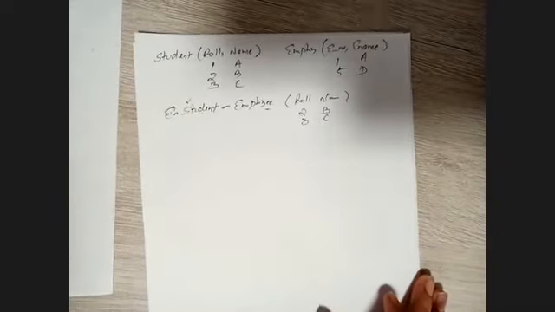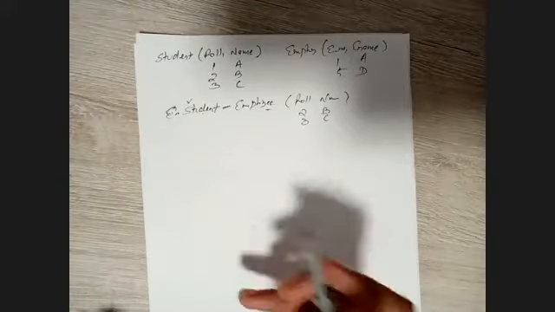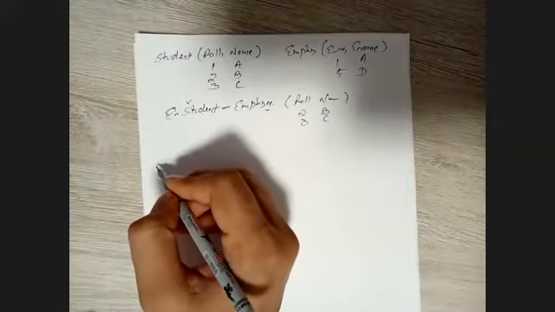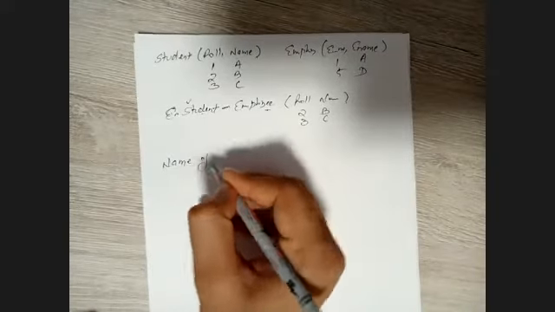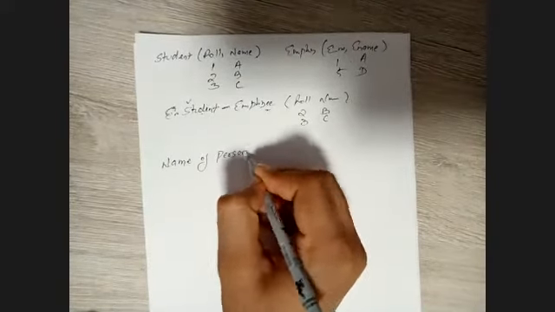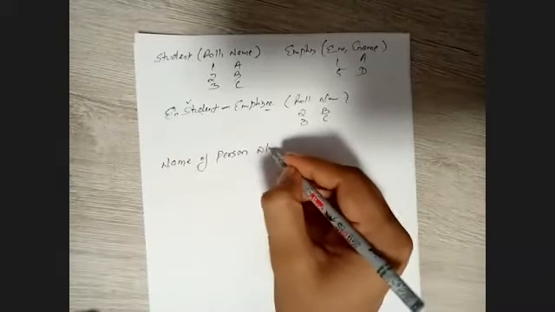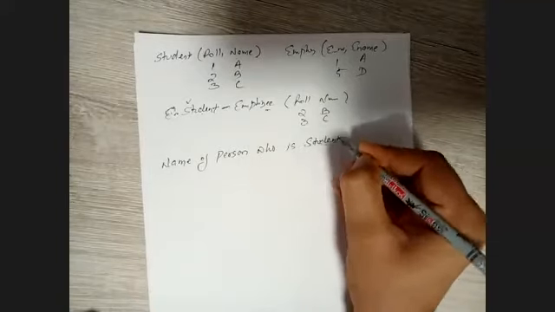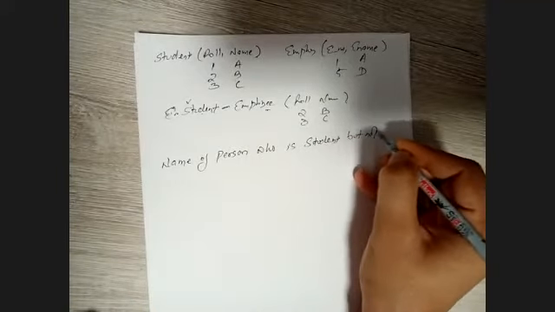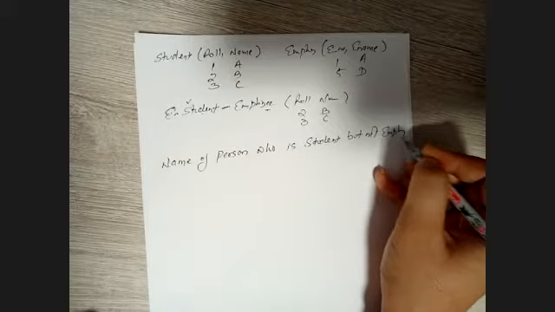Okay, let's understand with the help of a query. Let's say the query is we need to retrieve the name of the person who is a student but not an employee. Yes, we can have this situation.